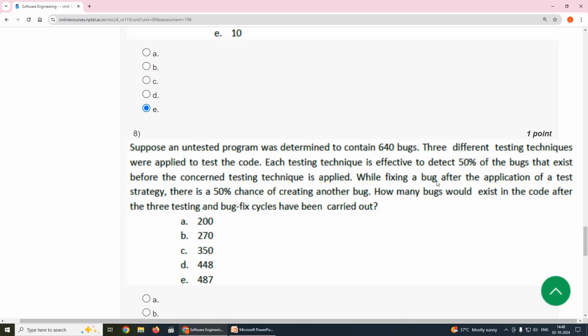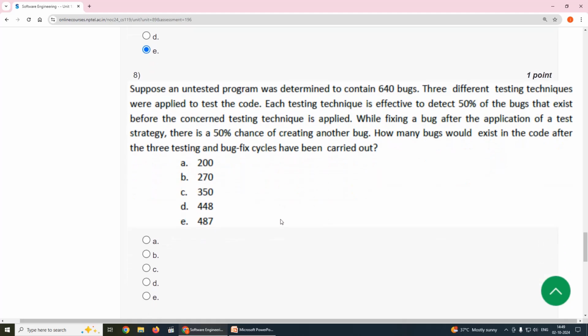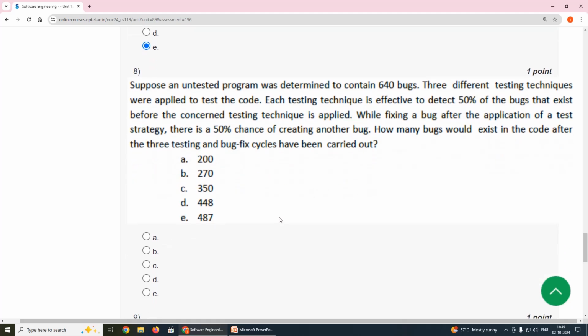While fixing a bug after the application of a test strategy, there is 50% chance of creating another bug. How many bugs would exist in the code after the 3 testing and bug fixing cycles have been carried out? According to our calculation, we got 270, option B. This is our solution.